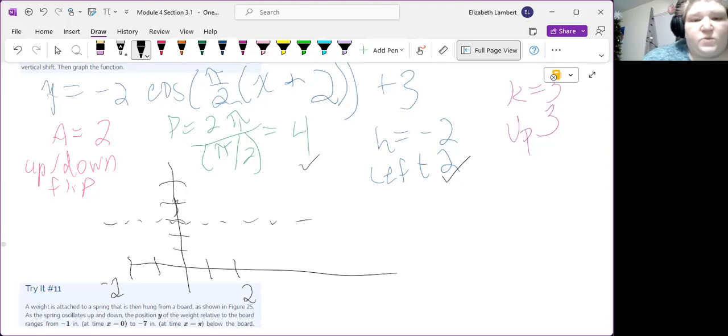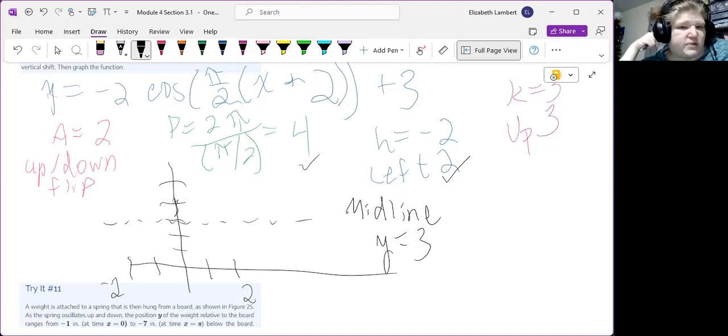And we were calling this the midline. In this case, it's always a horizontal line, so it's always a y equals line. In this case, it's y equals 3. All right. So taking care of that, now I just need to take care of my amplitude and the flip.